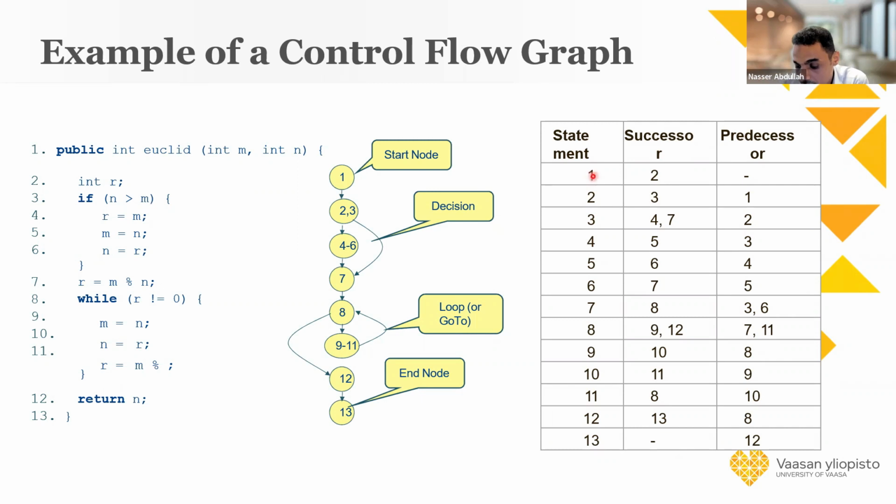Here we have the sentences from 1 to 13, the same sentences, with their successors and preceders. After filling up this table, if any occurs without successors or preceders, there is something wrong.